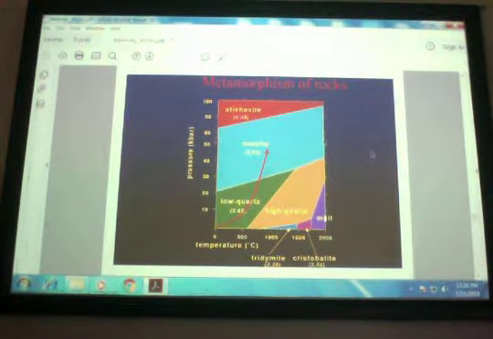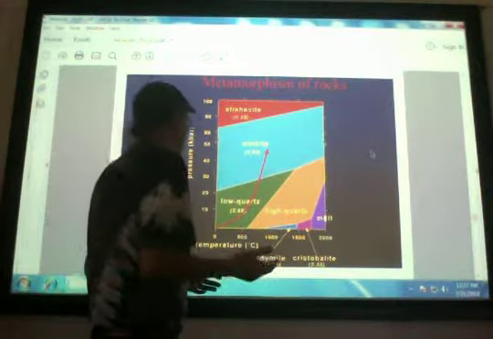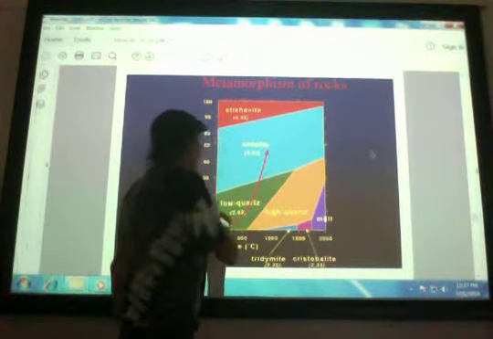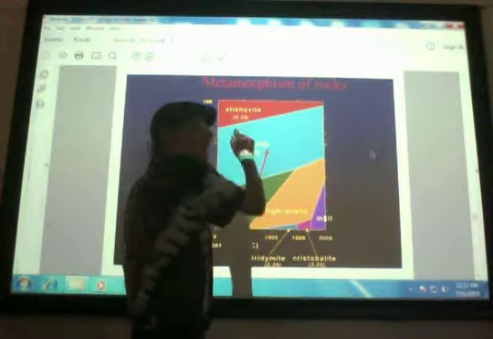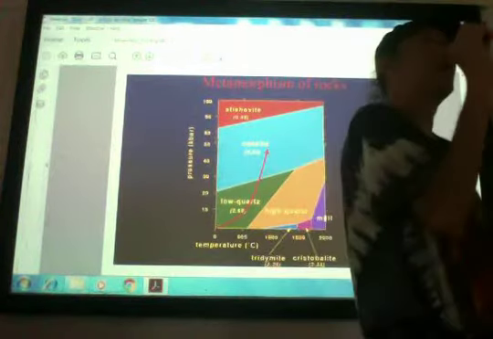For example, if you are subducting an oceanic crust, while the slab is going down, you are increasing the pressure and the temperature. Some minerals, I told you this also before, when you are increasing the pressure, the density becomes higher because you are pressing your rock together.